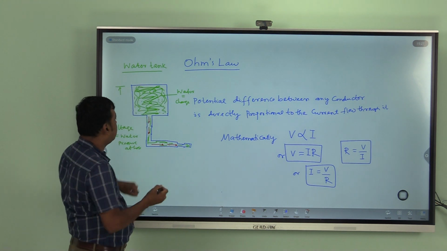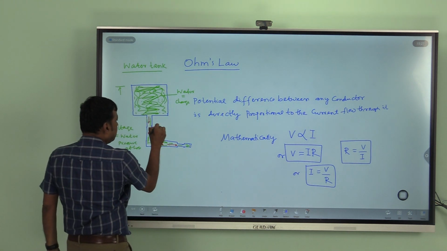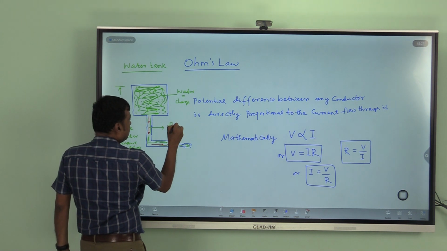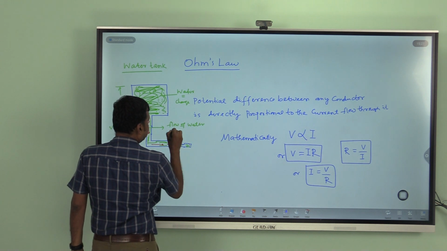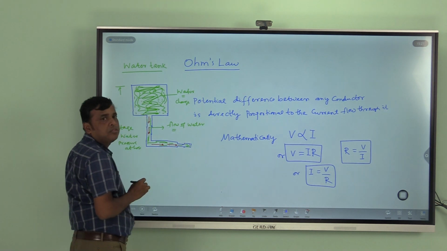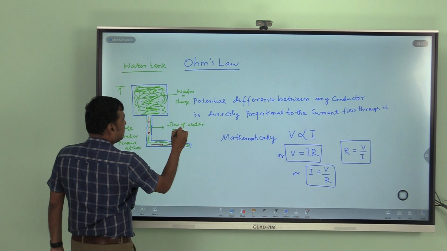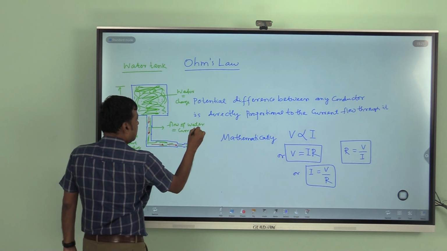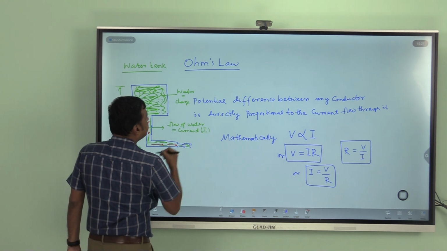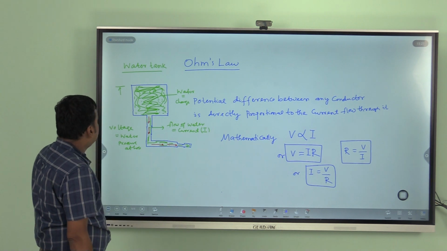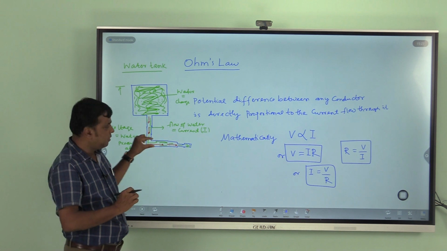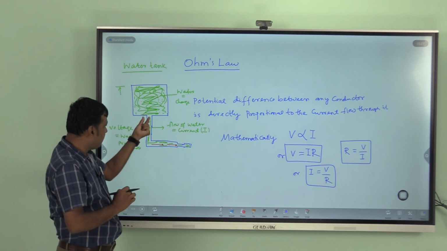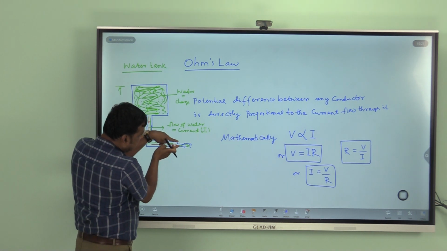And this is nothing but the flow of water. The flow of water, we can say, is your charge or current. This is your current, and this is your I. And if there are some restrictions, this is your water and there is a pipe, and I restrict it like this.